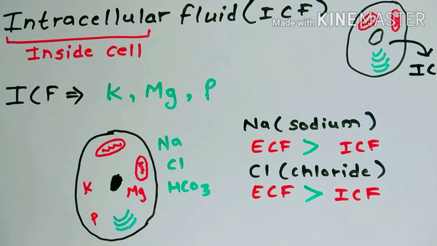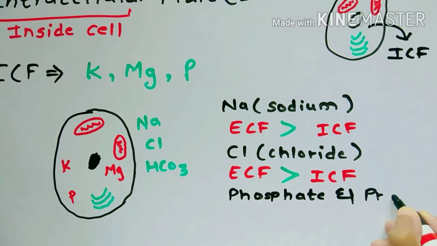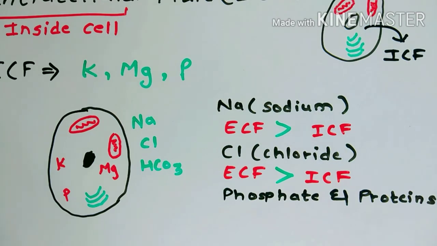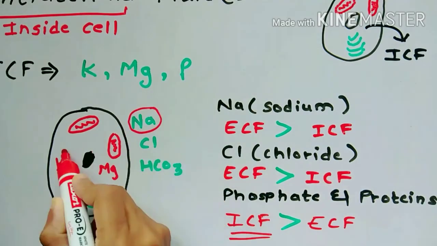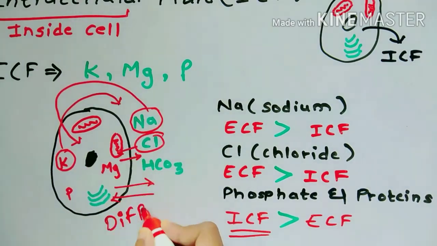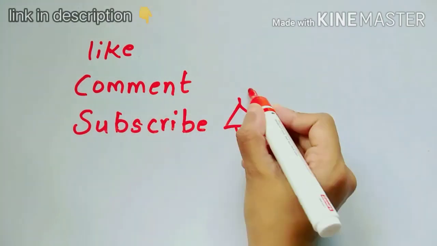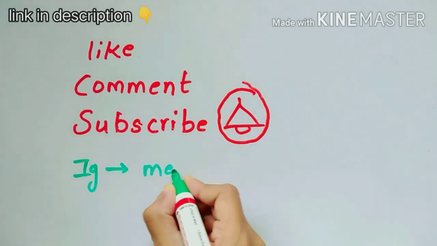However, the concentration of potassium and proteins in the intracellular fluid is considerably greater than in the extracellular fluid, and this difference is extremely important for the maintenance of life, and these ions move in and out for maintaining life.